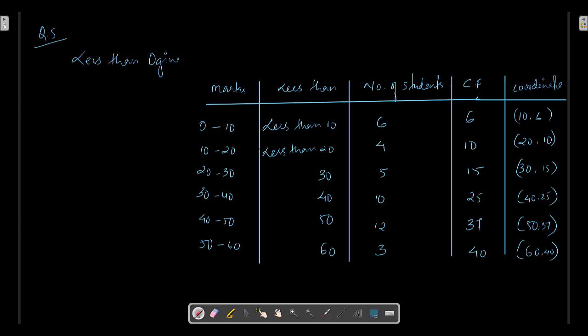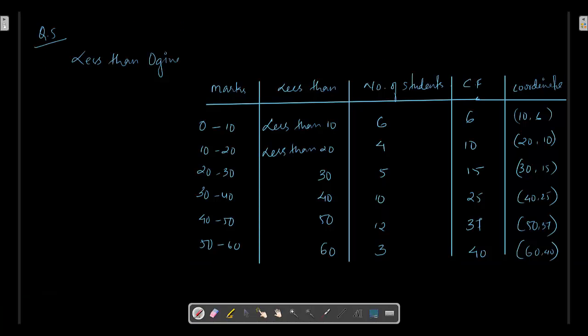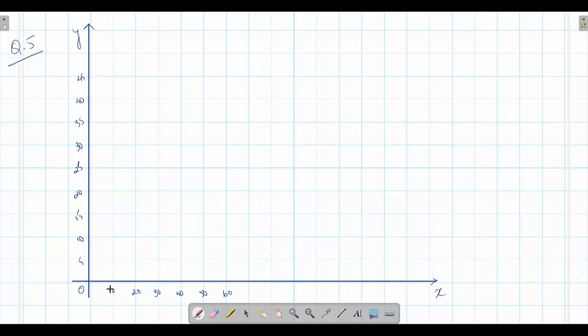So let us put these coordinates as points in our graph. Here is the graph, and we have to plot the points. In less than 10, what do we have? Less than 10 is 6. Our 5 is here, so 6 will be somewhere here.